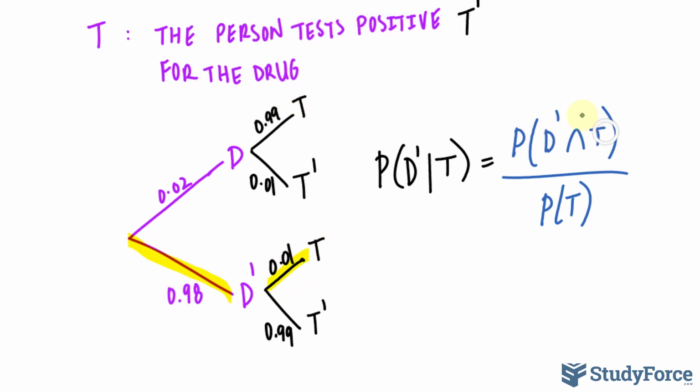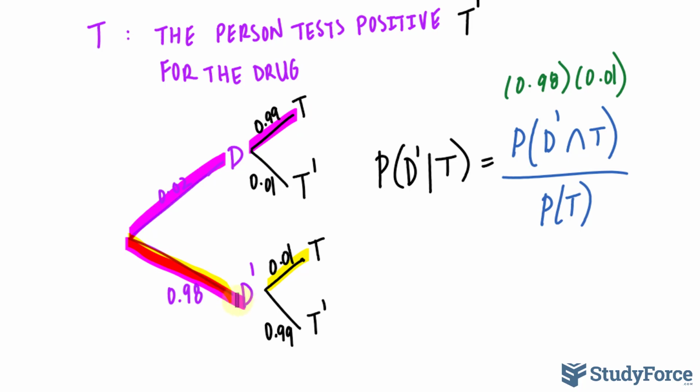So for the top, the numerator, we have 0.98 times 0.01. And at the bottom, the probability of T occurring, that can happen by multiplying 0.02 and this route down this branch and up to capital T.